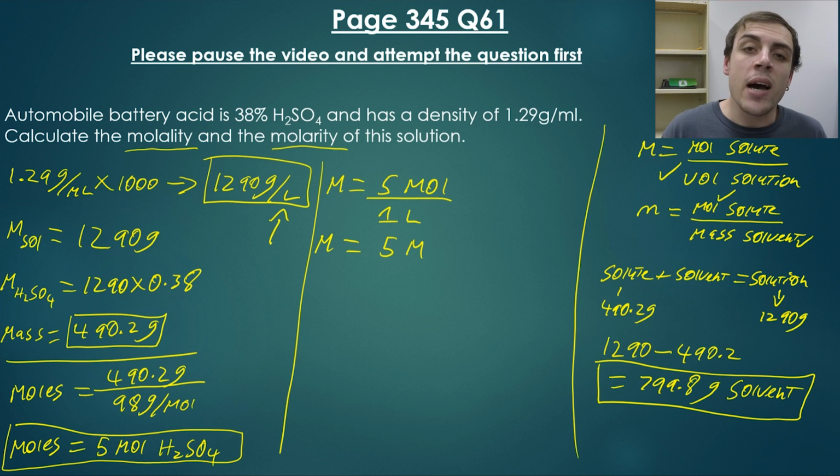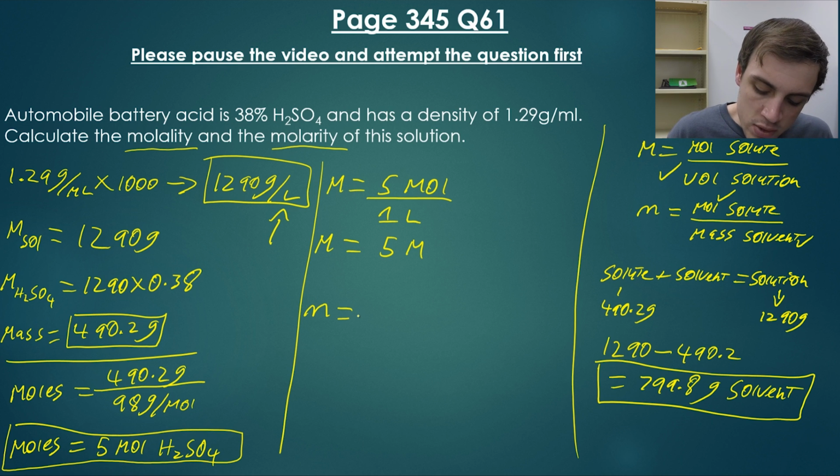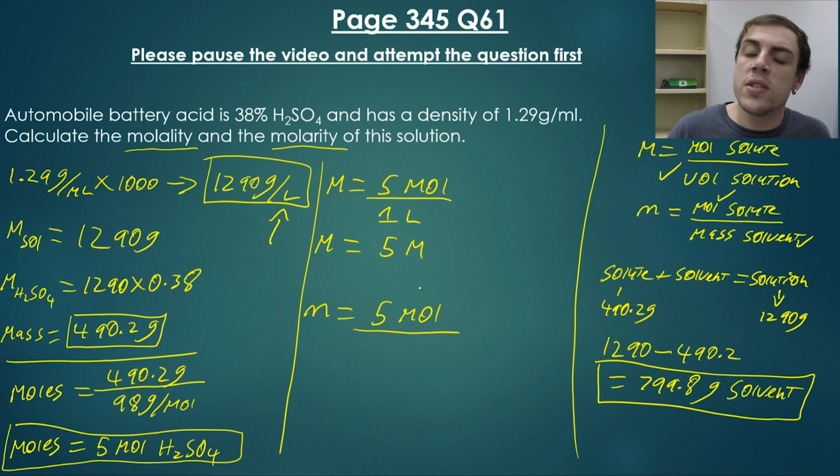The next one is our molality. So molality is equal to the moles of solute, which we got up here, which is 5 mole, divided by the mass of the solvent, which was 799.8 grams. Now, don't forget that molality is in kilograms, not grams.